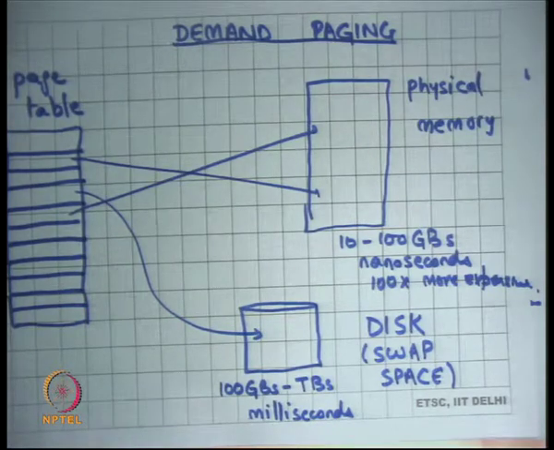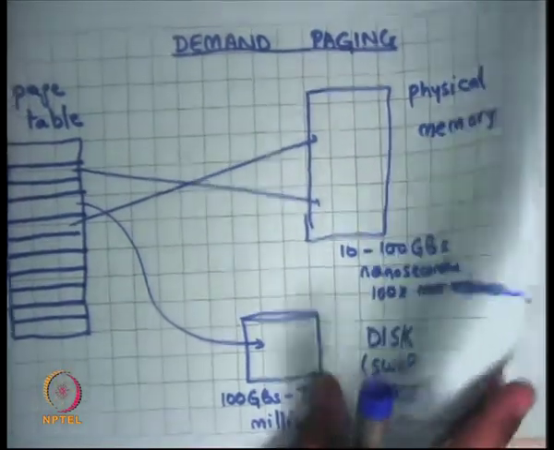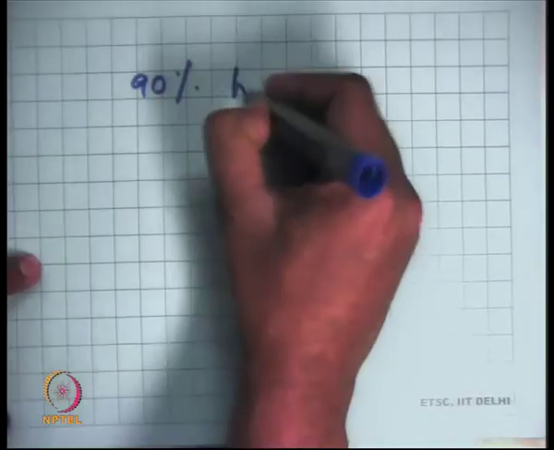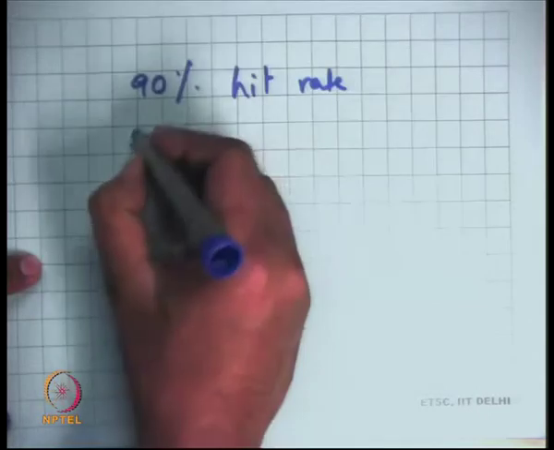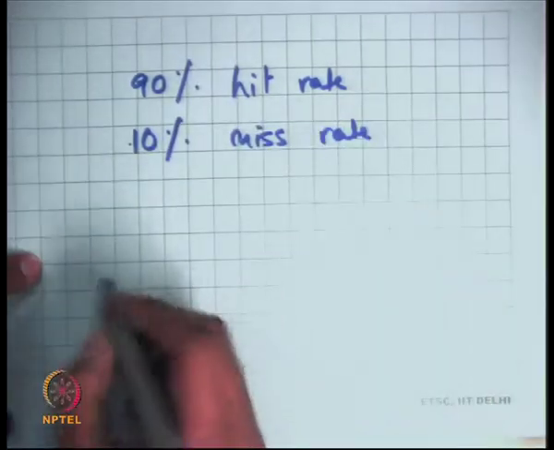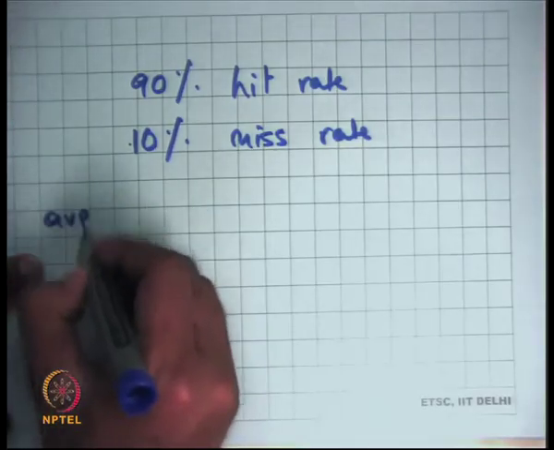So let's take an example. Let's say you have a hit rate of 90% and a 10% miss rate. What is my average memory access time?